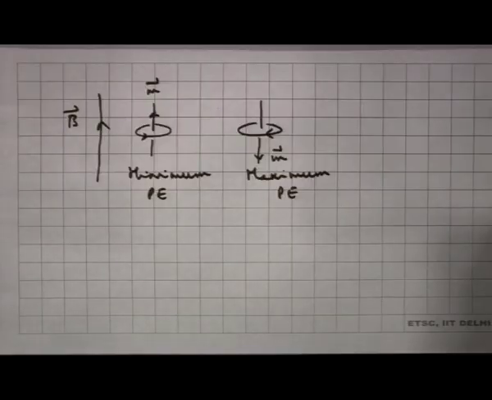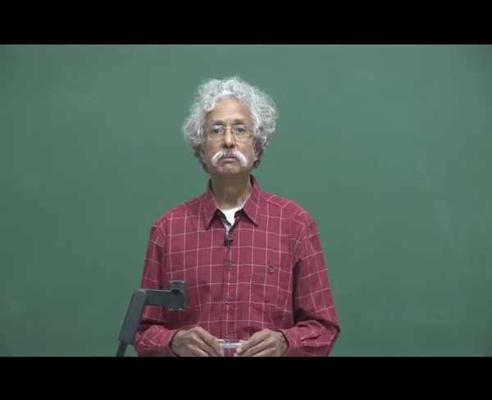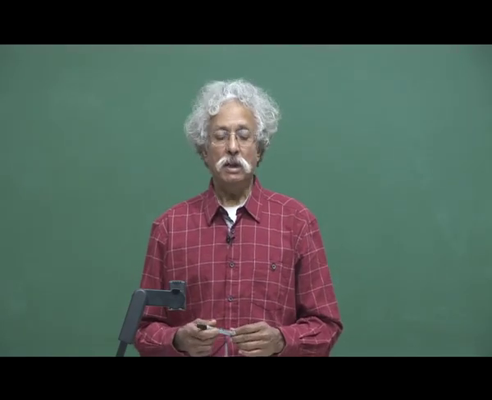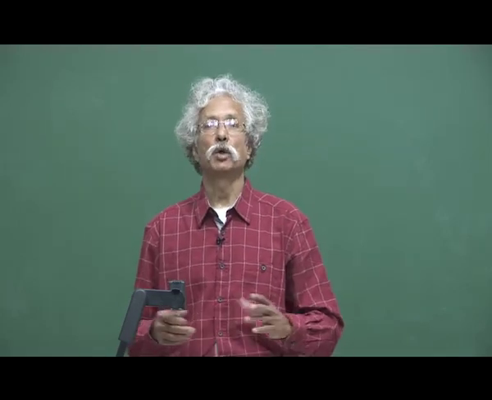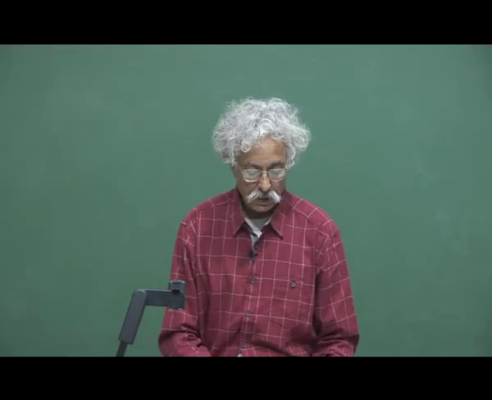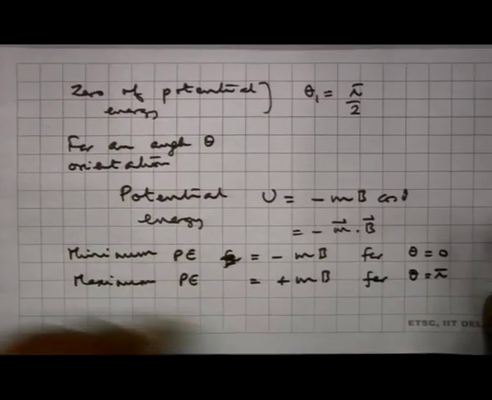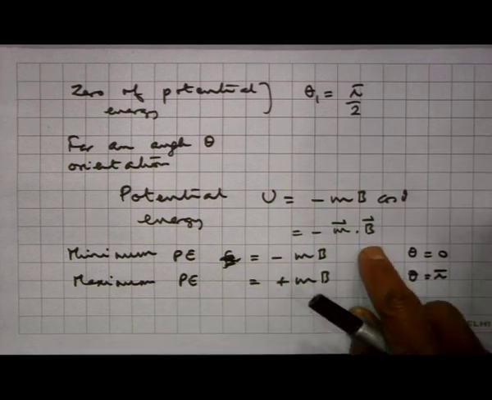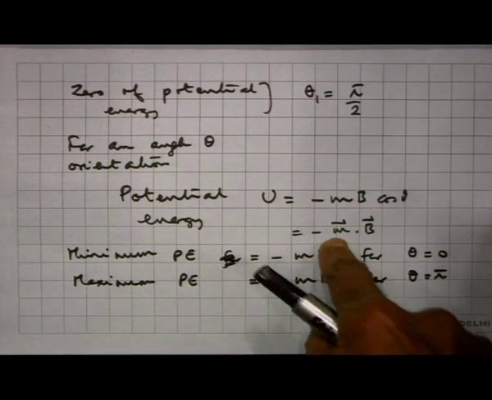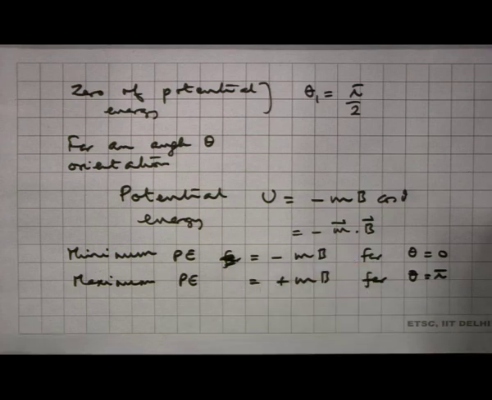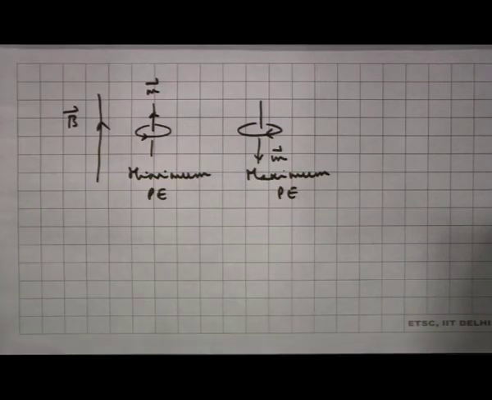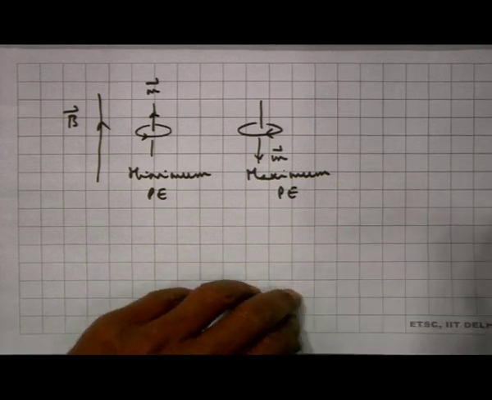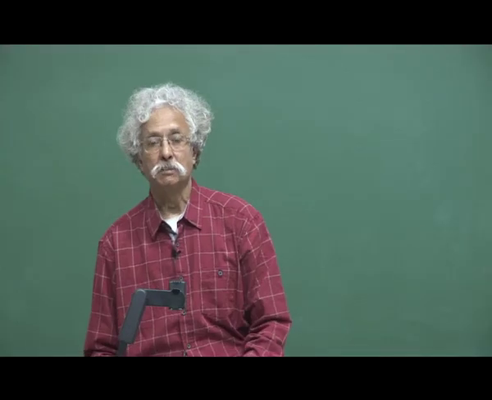Now, although I have obtained this equation for a planar circular loop, these equations are valid for any planar loop of any arbitrary shape, where m will represent the magnetic dipole moment and B is the external magnetic field. Please remember, this is the external magnetic field and this is the dipole moment of the dipole that you are placing in the external field. So, these are important considerations for magnetic dipoles, and we will use this for looking at dipoles in matter.